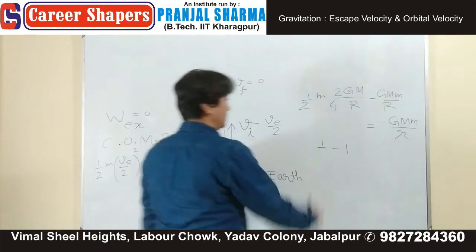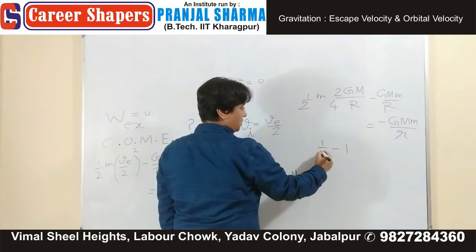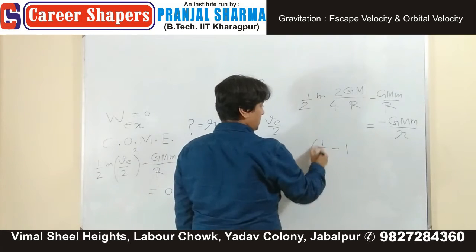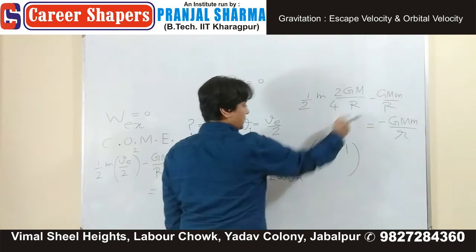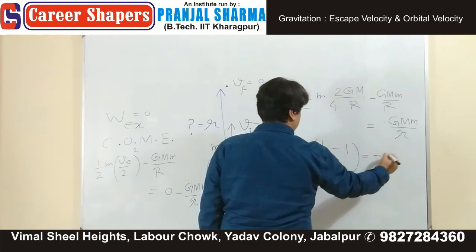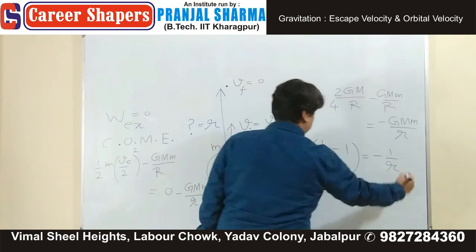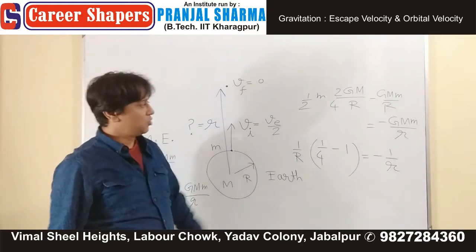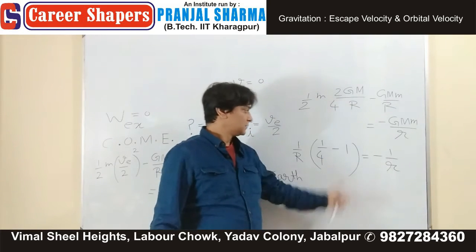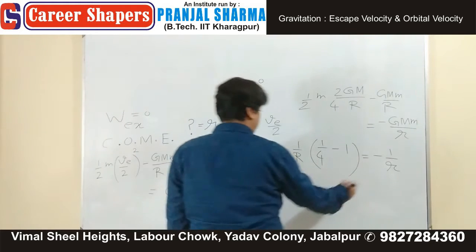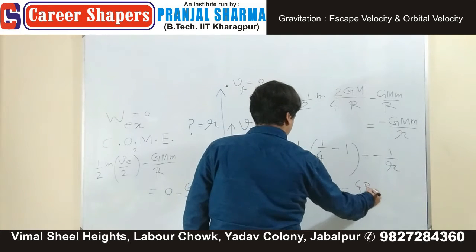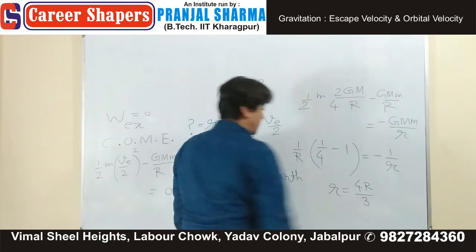This is 1 by 4 minus 1. Take this r out, equals to minus of 1 upon r. Simple maths, anyone can do. So I hope you can see that r is coming 4r divided by 3.